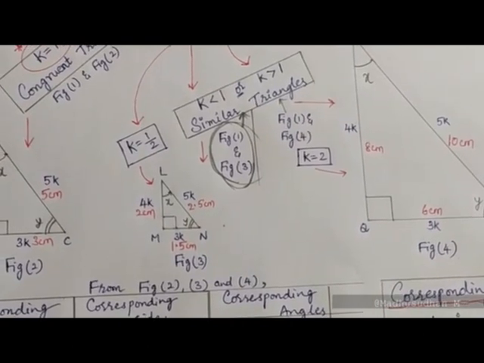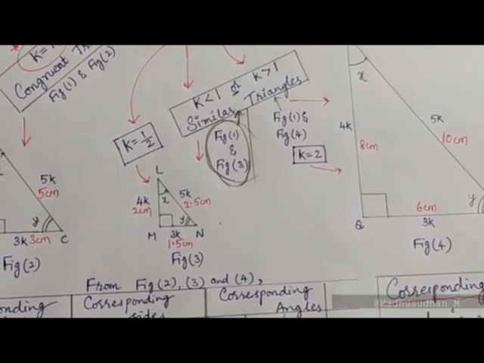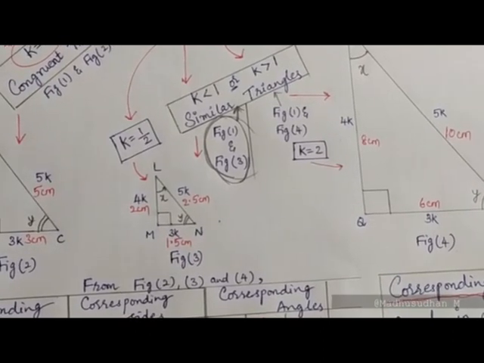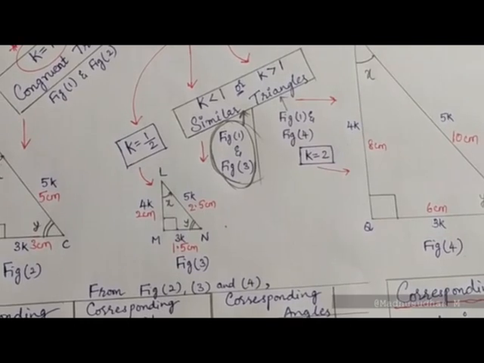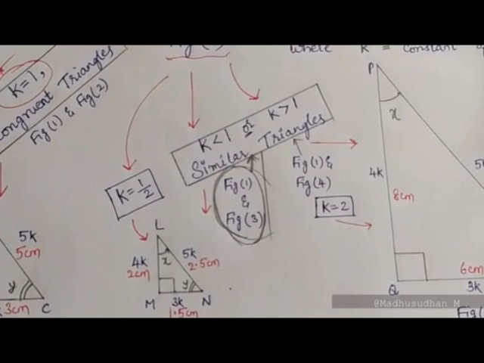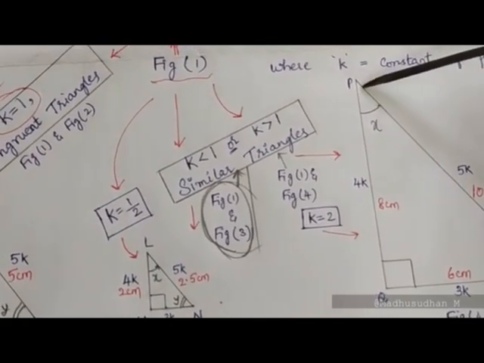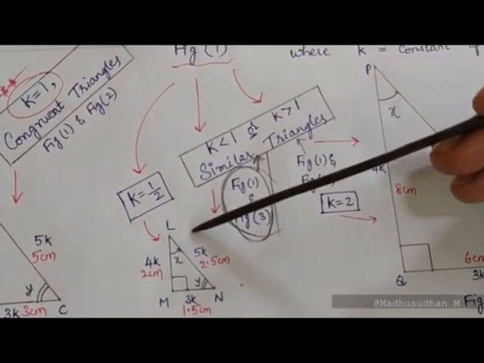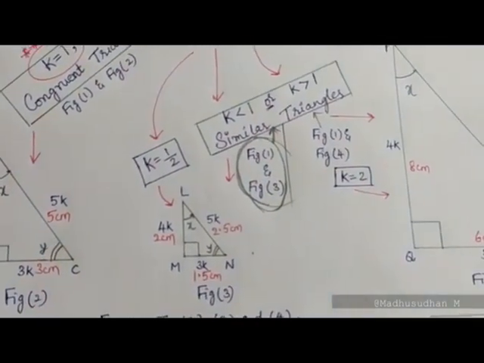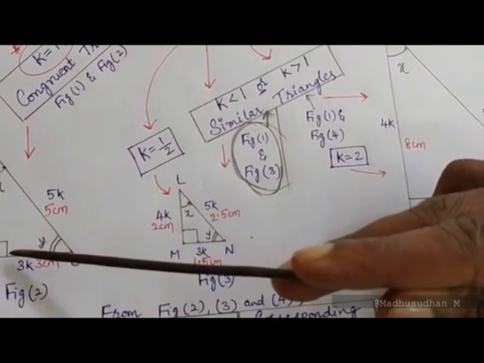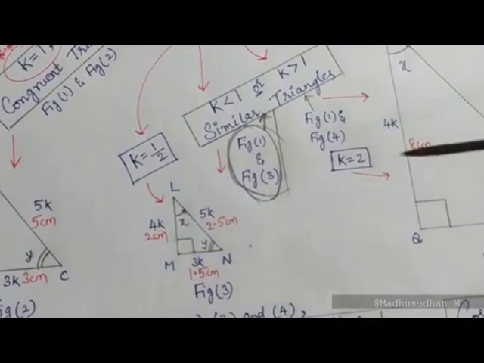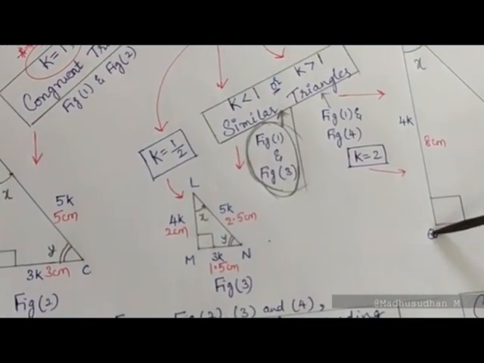So now if I compare figures 2, 3 and 4, we can find that for figure 2, vertex A is the respective vertex for vertex L in figure 3, and in figure 4, it would be vertex P. So I can say that vertex P, vertex L and vertex A are the respective corresponding vertices. For the angle of 90 degrees, vertex B, vertex M and vertex Q are corresponding vertices.